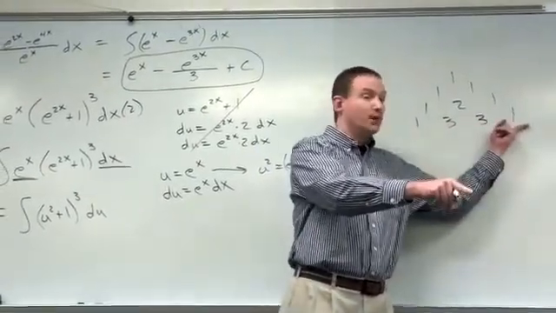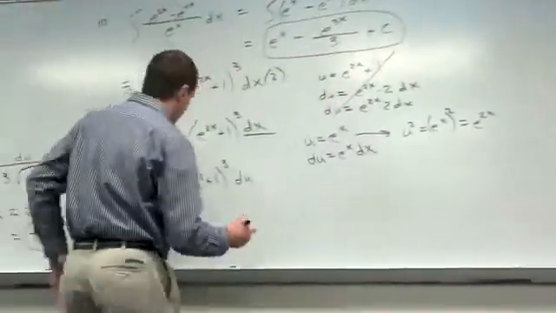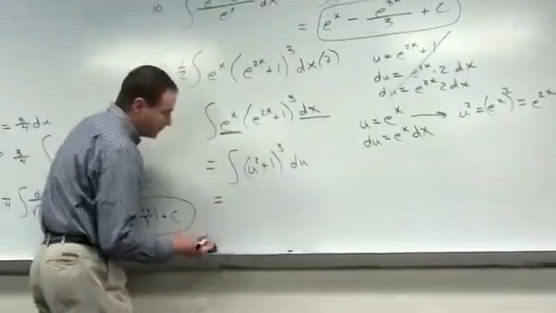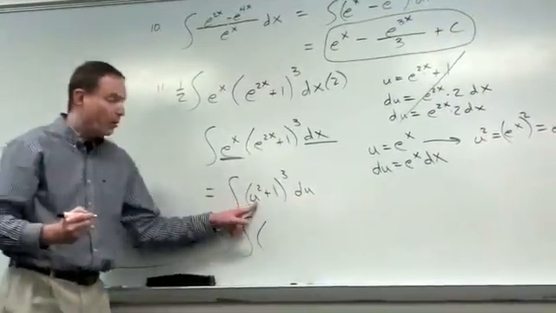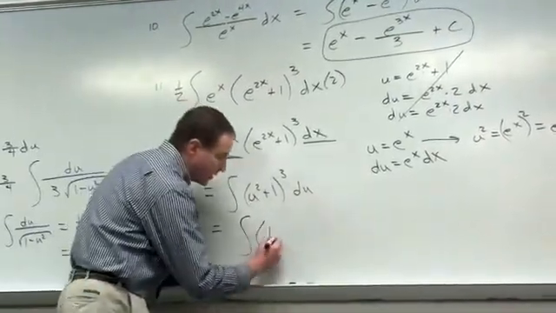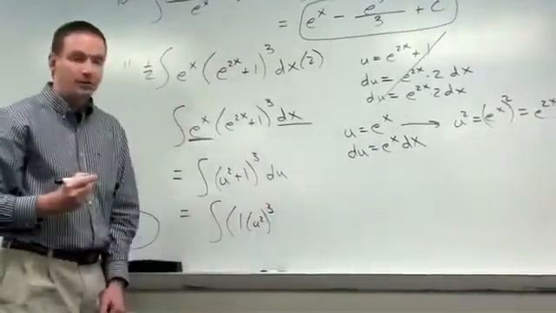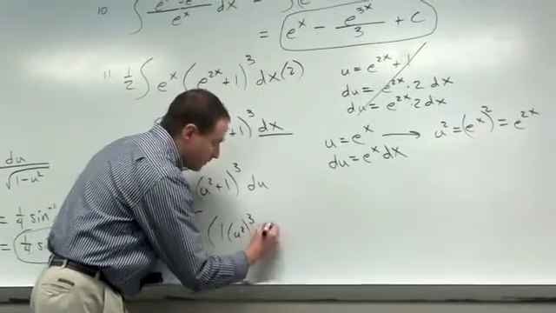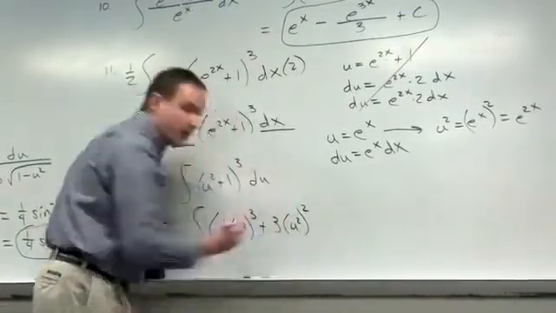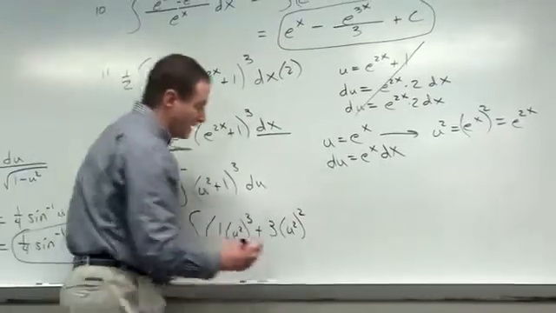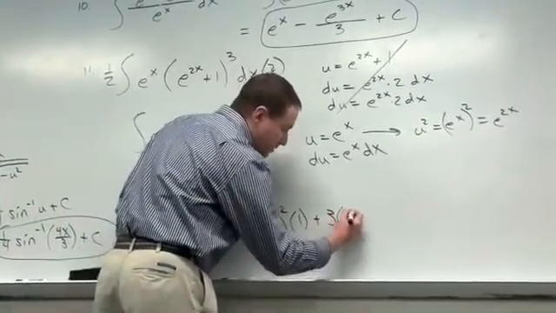So I can say this is equal to the integral of 1 times u squared, the first number cubed, plus 3 times the first number squared times the second number, plus 3 times the first number times the second number squared.